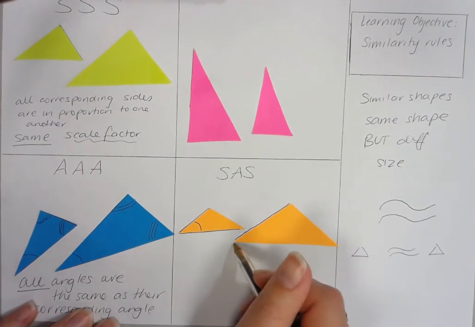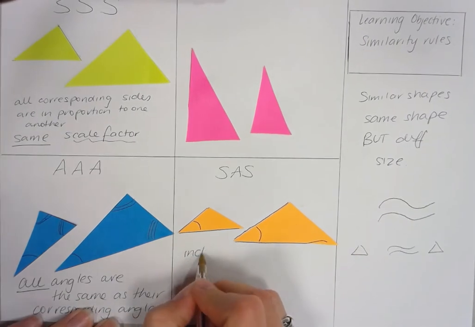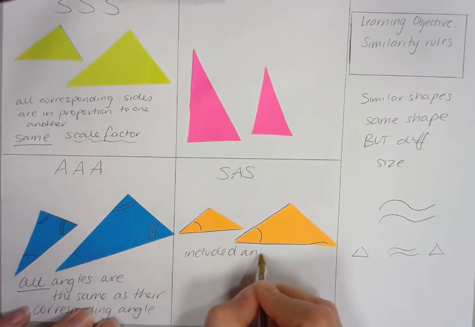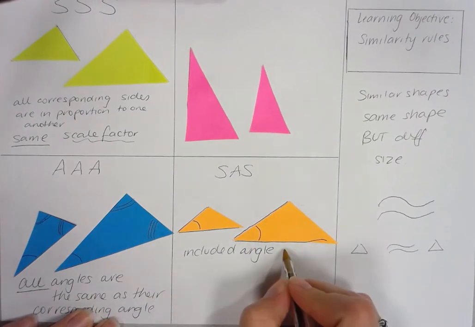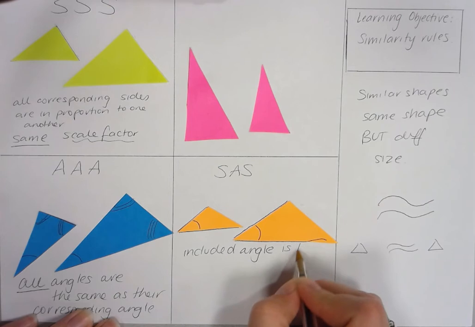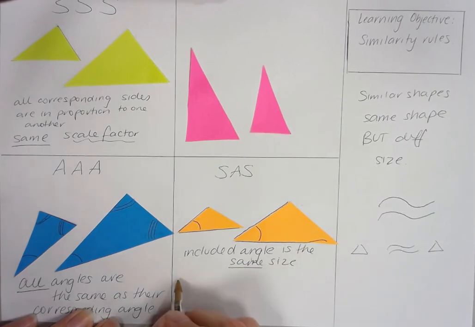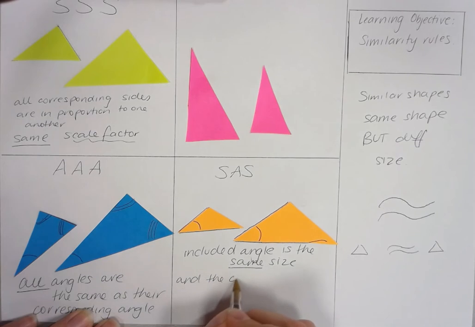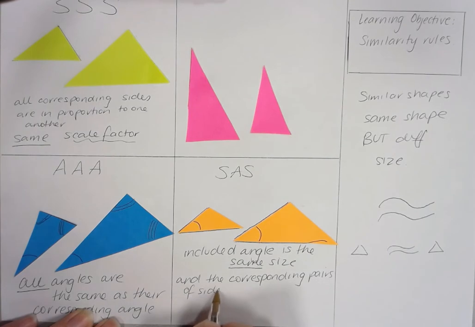But this time the difference is that even though the angle will be the same, so the included angle, remembering that the included angle has to be between those two sides, so the included angle is the same size, that's important, and the corresponding pairs of sides must have the same scale factor.